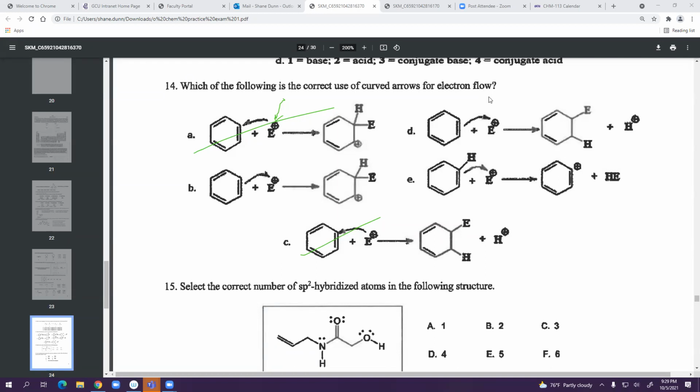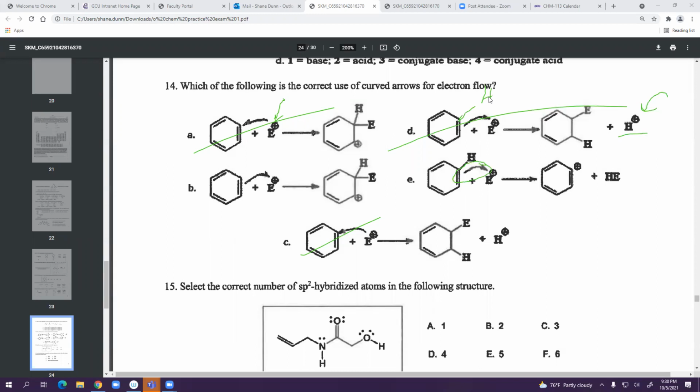What's wrong with D? There's a hydrogen here, right? Why did the hydrogen get kicked off? It wouldn't get kicked off. D's wrong, because if you're gonna kick this hydrogen off, you have to show the arrow for it. What's wrong with E? Kind of the same thing.